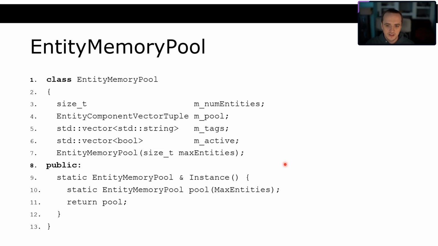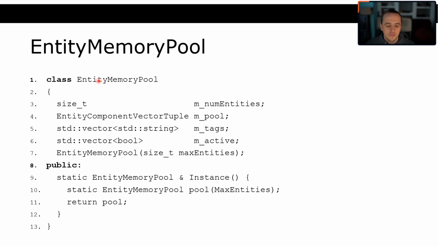Okay, so let's look at the memory pool. There's a couple of other things that were stored inside an entity, remember? There was a tag, and there was an active Boolean. So every entity has a tag, every entity has an active, and every entity also has components, right? So what we're going to do is take all the tags and all the Booleans of whether or not they're active and create their own vectors as well, okay?